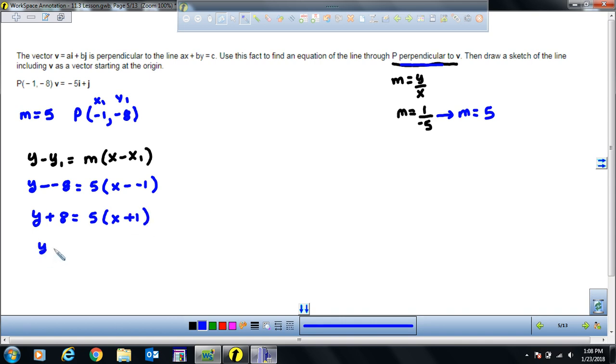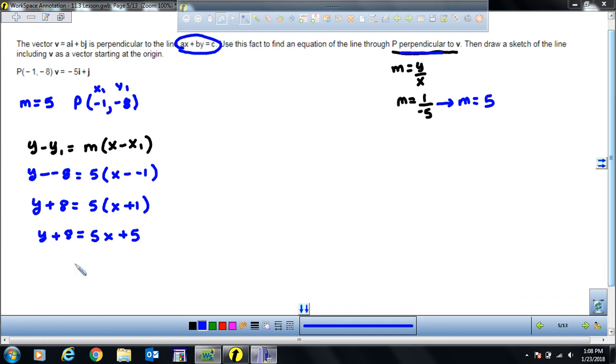So that gives us y plus 8 equals, distribute, 5x plus 5. And then I want to put it in the general form or standard form. I'm going to move the x to the other side and the 8 to the other side. So move the 5x over, and the 8 over. So I'm going to do minus 8 to this side and minus 5x to this side. So you're going to have the following.